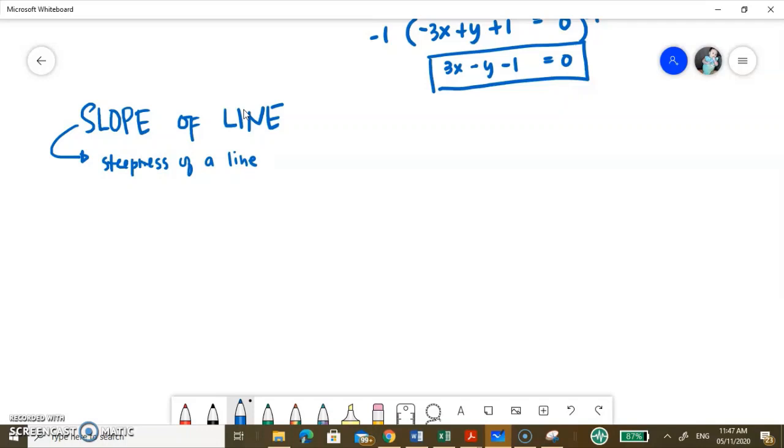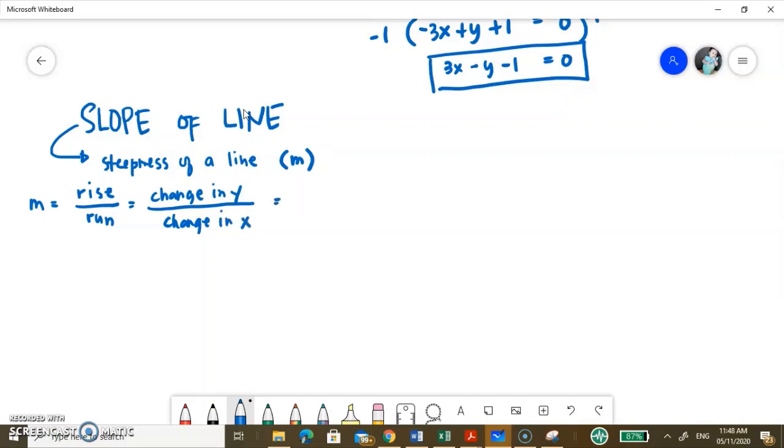So, it's denoted by the letter M. It also means simply the rise over the run, where yung rise mo implies that there's change in your y. Tapos, ang run mo naman ay change in x.